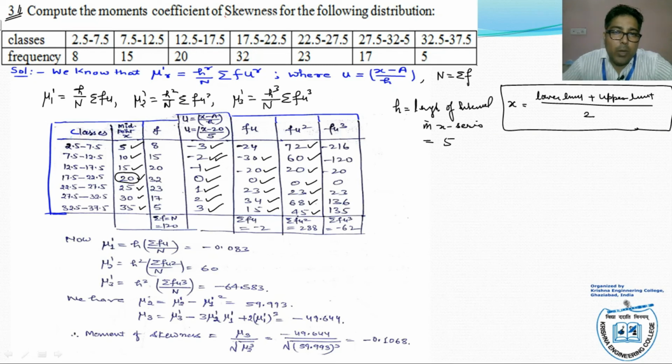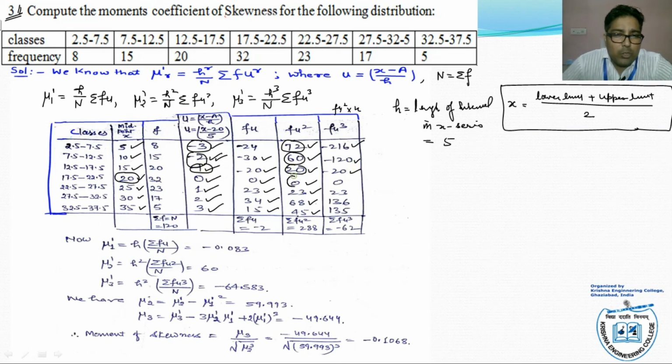Again, fu cube means the product of fu square into u. The product of minus 3 into 72 becomes minus 216. The product of 60 into minus 2 becomes minus 120. The product of 20 into minus 1 becomes minus 20.